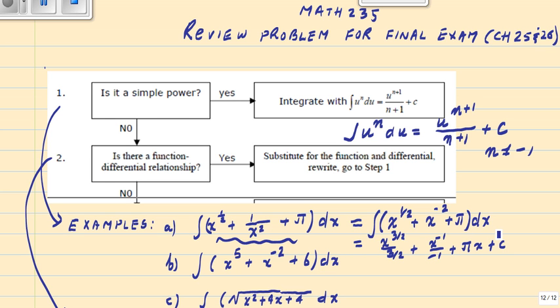So that's straightforward. Same thing with example B. We don't have to do anything. We just apply this formula directly in here, and we're integrating because u is a function of x, and everything is already in correct order because we have exponents. Everything is integrable easily.